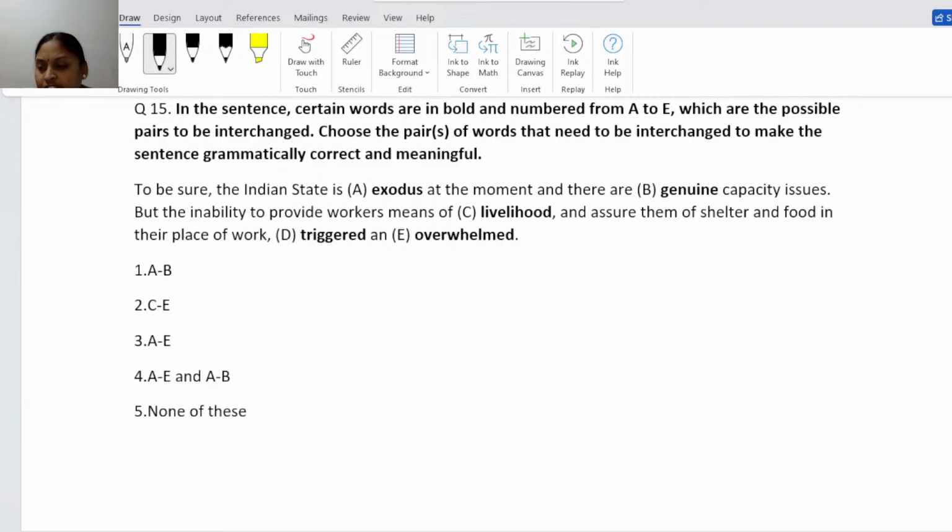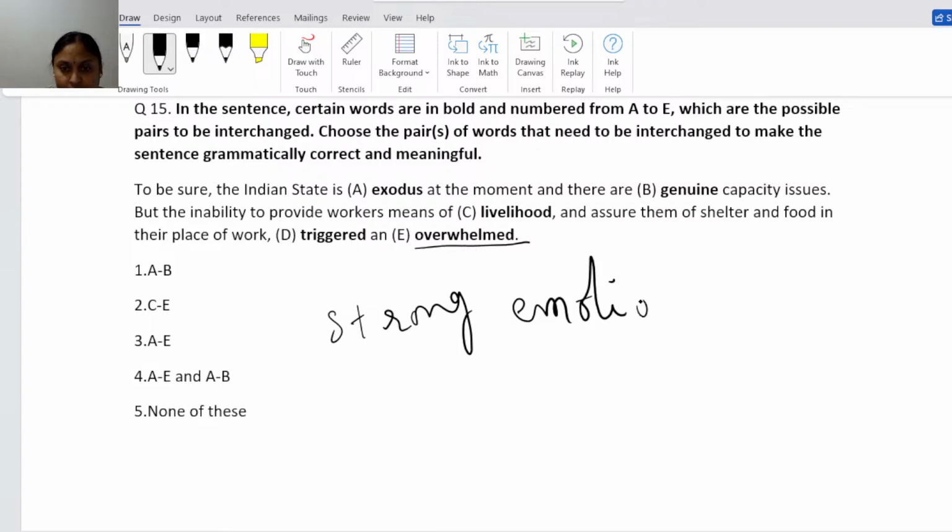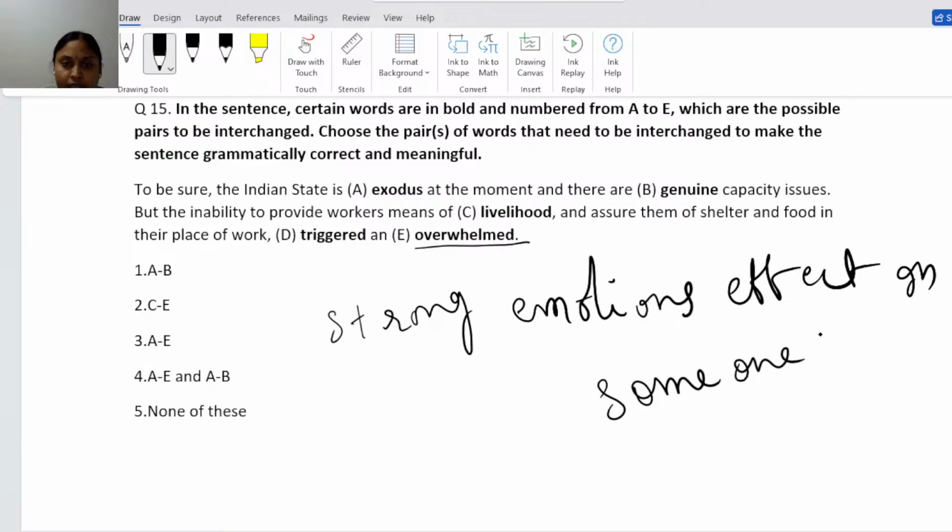First of all, overwhelmed means having strong emotions. Overwhelmed is nothing but a strong emotional effect on someone.